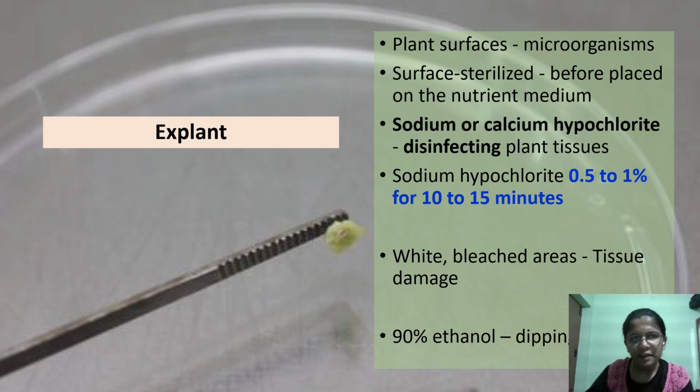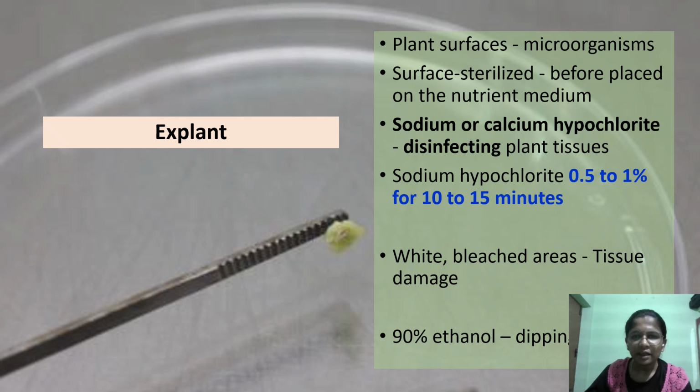Suppose there is excess contamination in the explant, with microorganisms present on the surface of a leaf or bud or anther, embryo, or irrespective of the explant, normally they will recommend sodium or calcium hypochlorite as a disinfectant. Sodium hypochlorite 0.5 to 1% is recommended as a disinfectant.